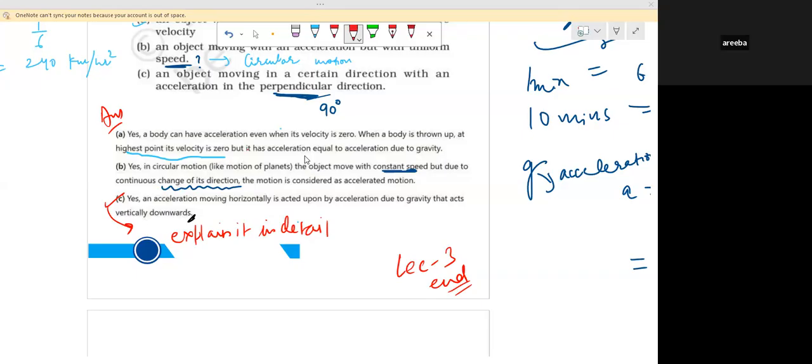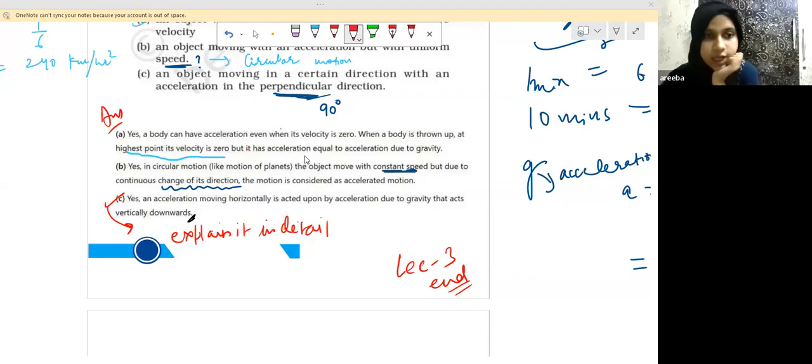Has it been done, children? Yes, ma'am. Okay. So an object moving in a certain direction with an acceleration in the perpendicular direction. Ali, do you want to try this one? Again, of course, because you have attended the lecture. Okay, explain it to me. This time not to Umaima, explain to me, and I will also ask questions.